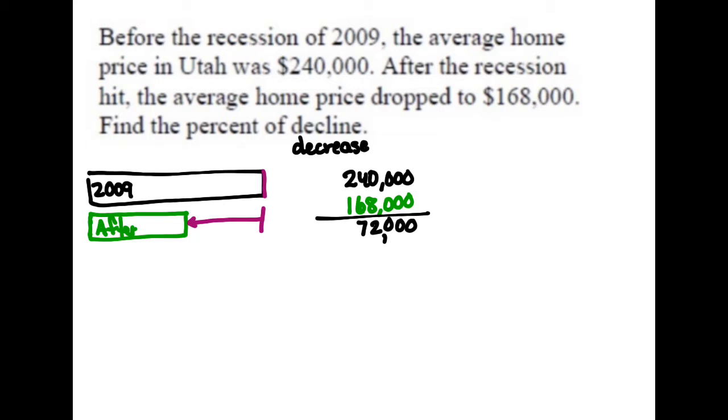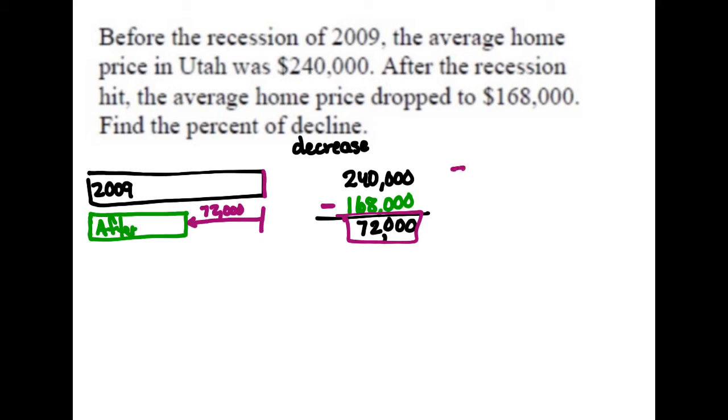Okay, so that is the pink number. It dropped 72,000 to get to the price after the recession. Okay, so you subtract them first. Subtract to get your new number, and then you use the new number with the original amount.